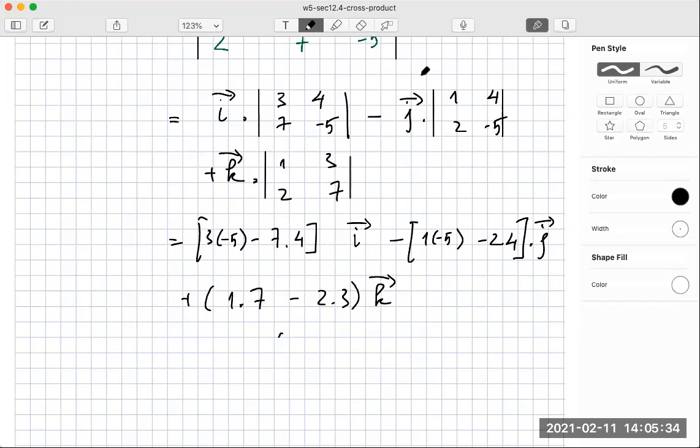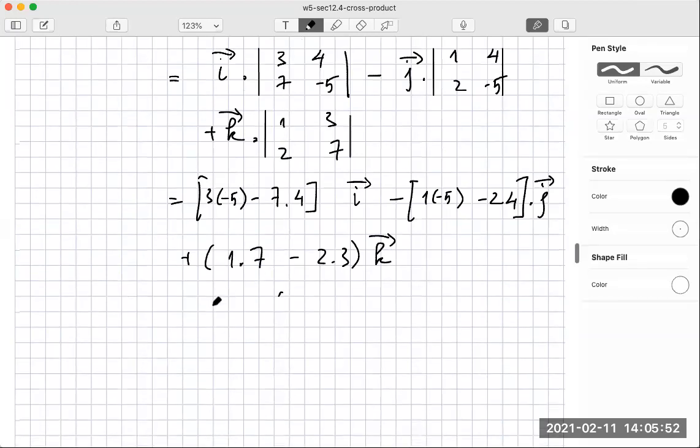Okay, let us continue. The first one will be negative 15, negative 28, right? Very good. And the next one will be negative 5, negative 8.